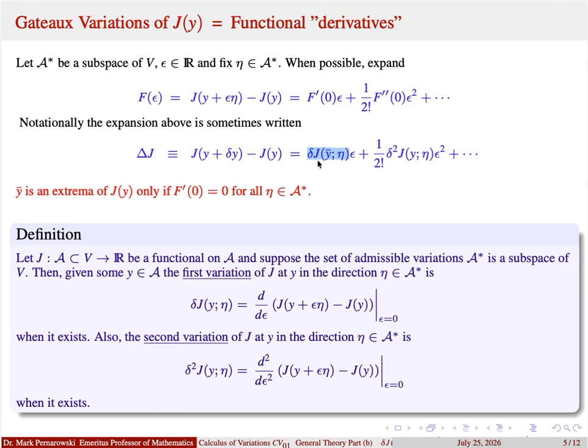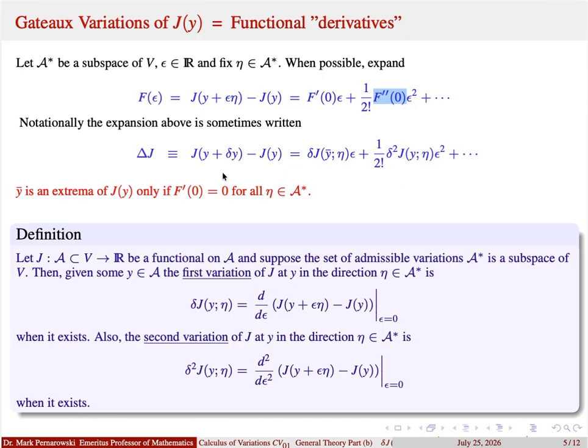This symbol means the variation of J at y in the direction of eta times epsilon. Plus 1/2 delta squared, this is the second variation of J. It is exactly what I've written up here. It is equal to f double prime of 0, whatever that is.